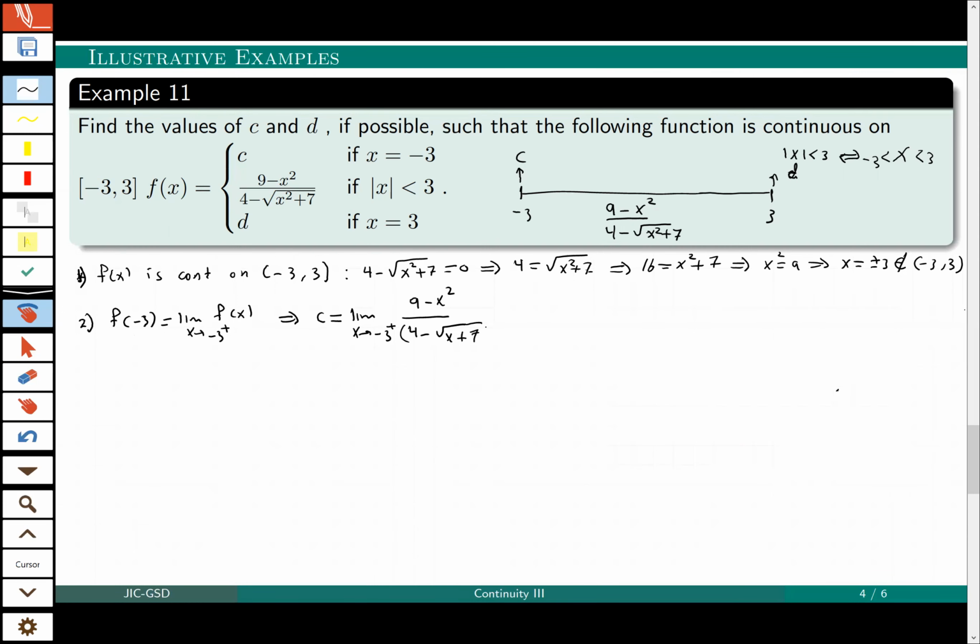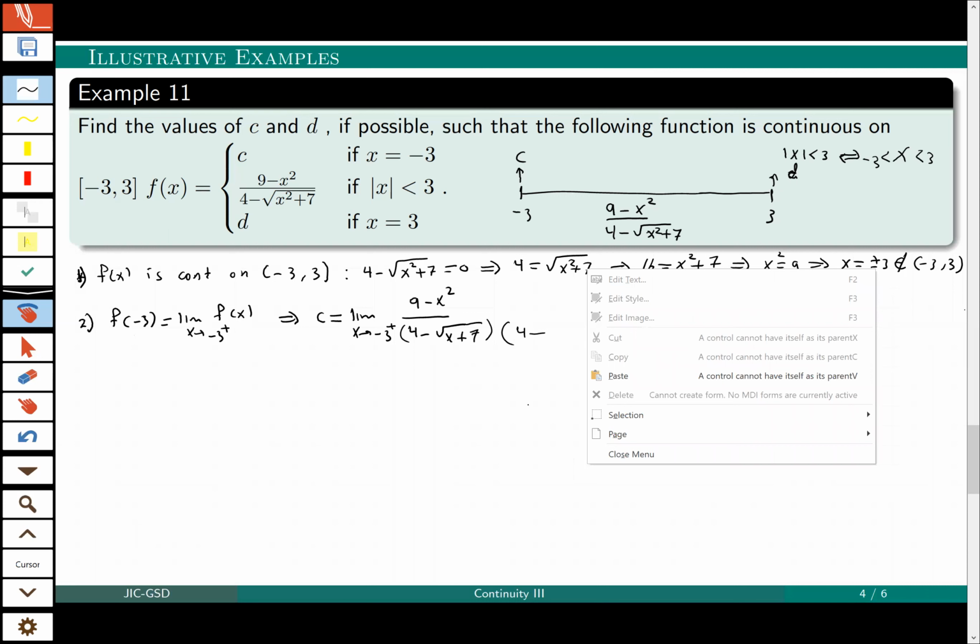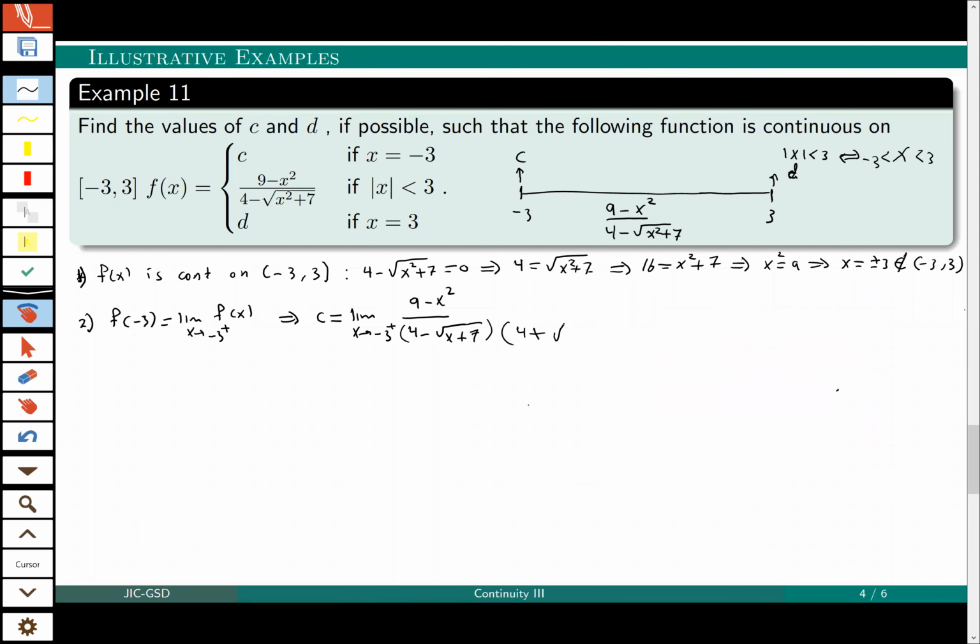So we multiply by the conjugate, 4 plus root x squared plus 7, on top and bottom. Now, when we multiply by the conjugate, what do we get?